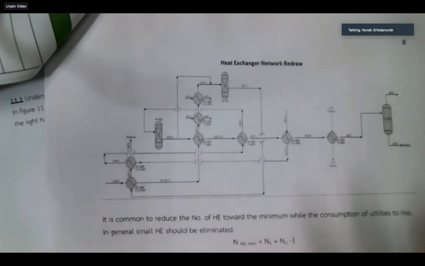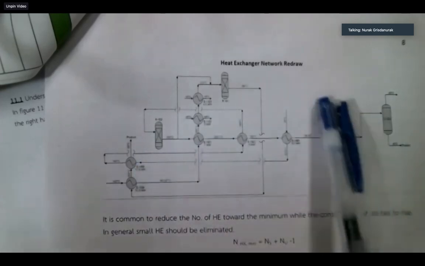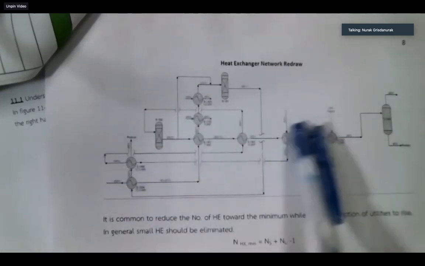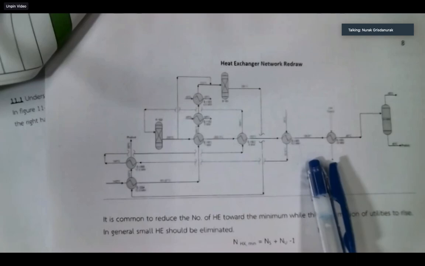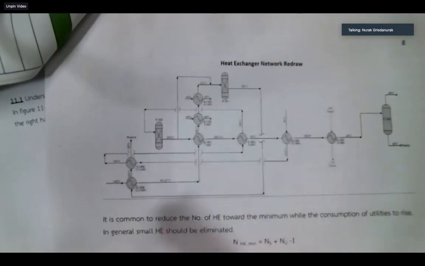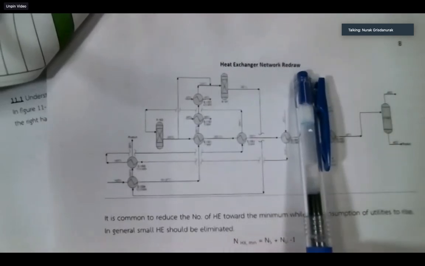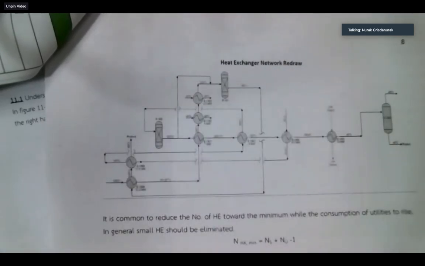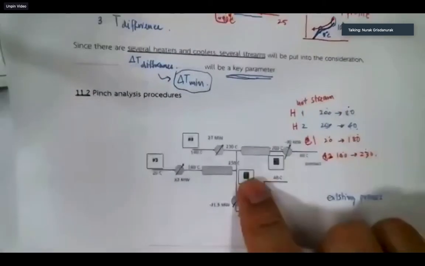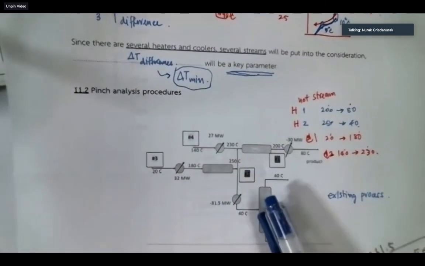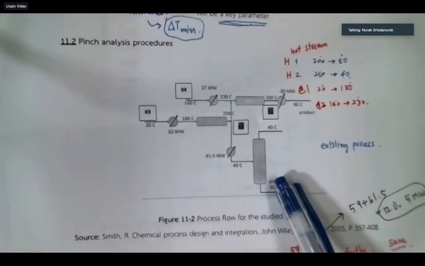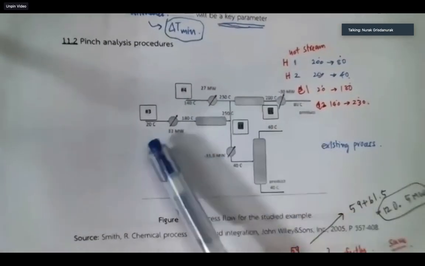Because when you conserve the energy, you have to redraw and put more heat exchangers here. Before, there were few heat exchangers, 1, 2, 3, 4.